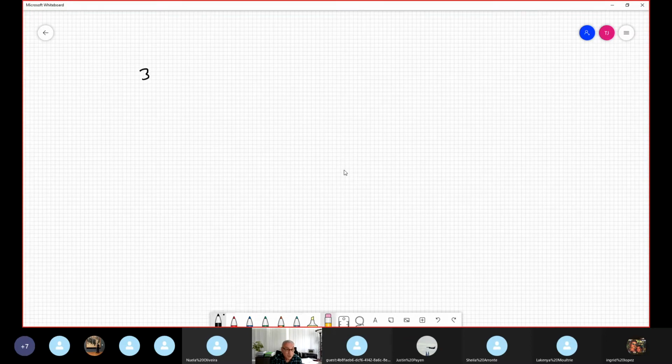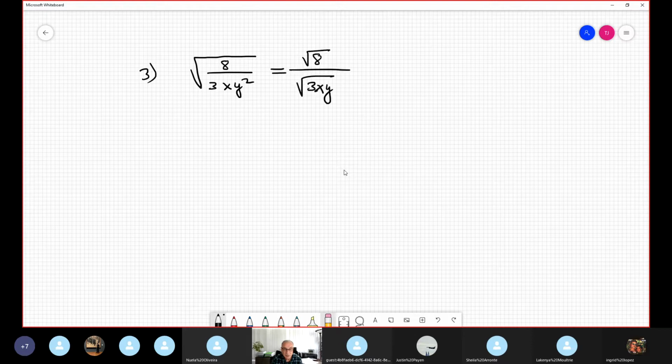Number 3 is square root of 8 over 3xy squared. Immediately I separate: radical 8 over radical 3xy cubed, y squared, sorry. I focus on the top. 8 is 2, 4, 2, 2.